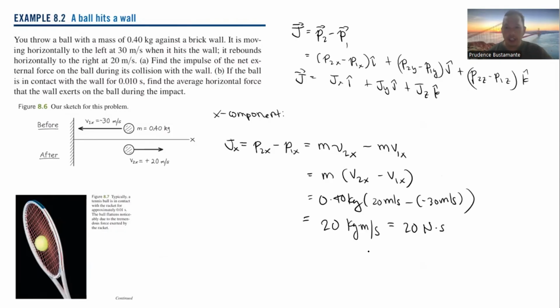How did it come to this unit? 1 newton is equal to 1 kilogram meter per second squared, so 1 newton-second is equal to 1 kilogram meter per second.